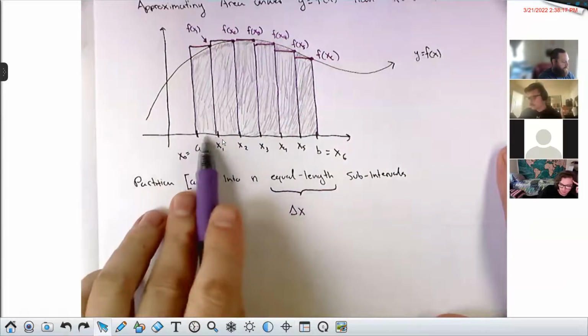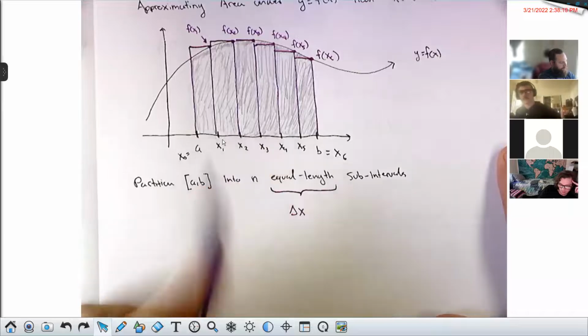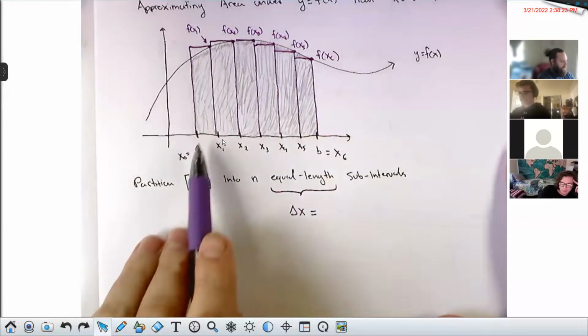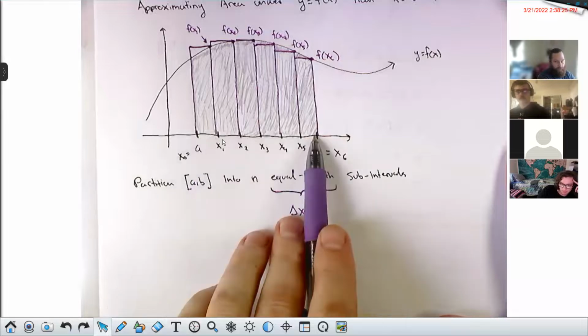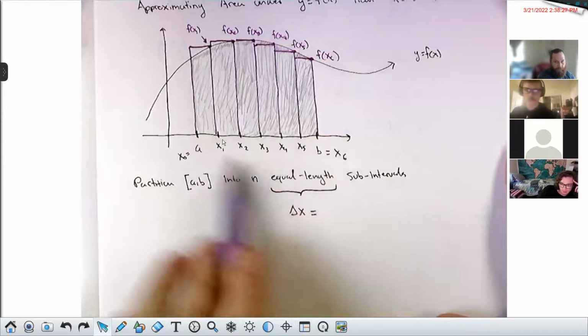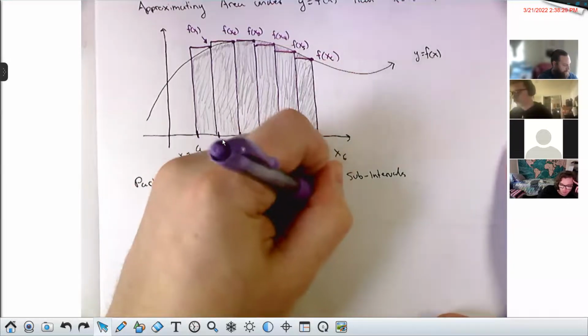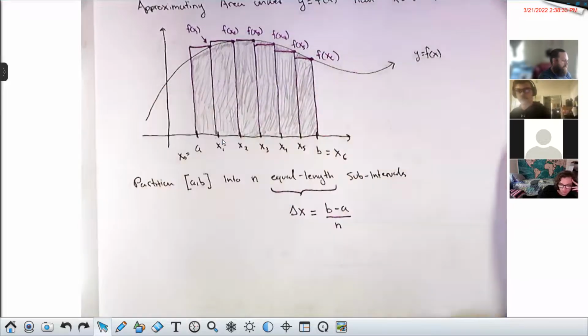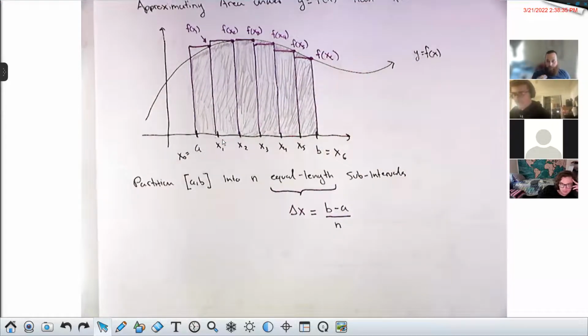Since they're supposed to all be the same length, I take the total length of the interval AB and divide that by the number of rectangles. So the length of each subinterval, which is the width of each rectangle, is b minus a over n, and we call that delta x.